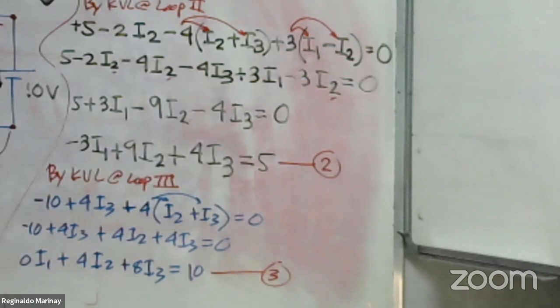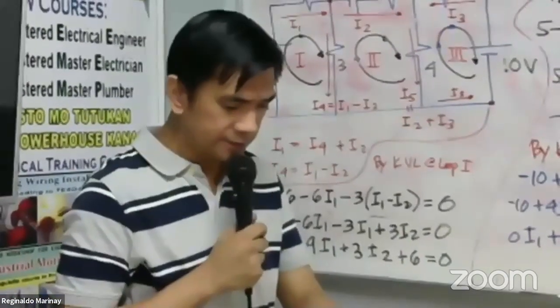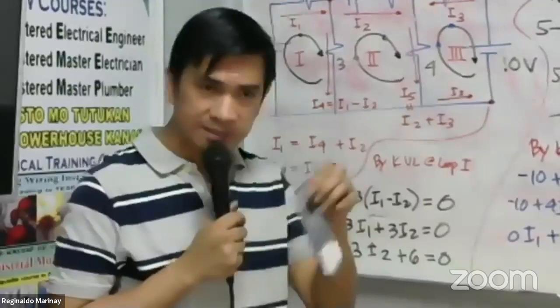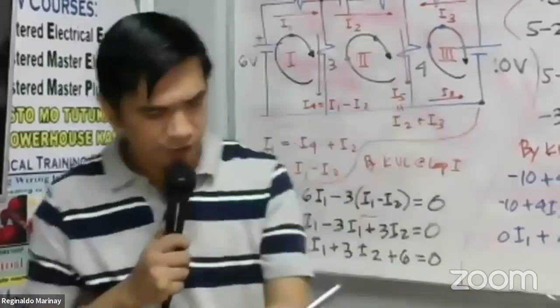Okay, by the way, I'm thinking of our new viewers. So we are using Casio 991 ES Plus. Well, in the licensure exam here in the Philippines, before it was allowed, 2010, but just last year it was not allowed by the Professional Regulation Commission.